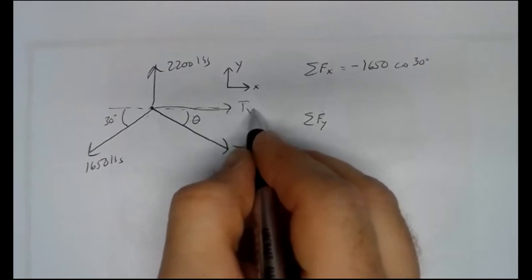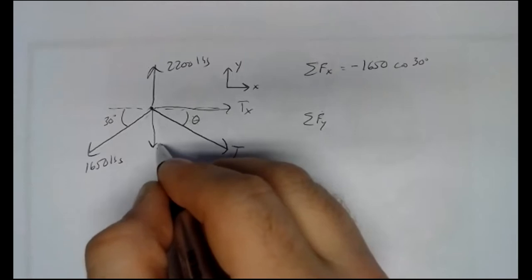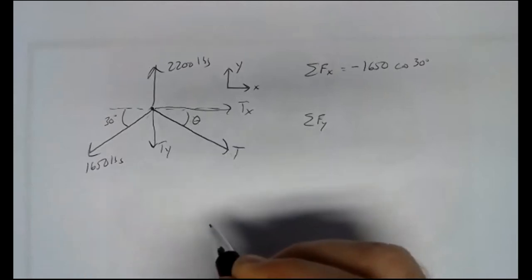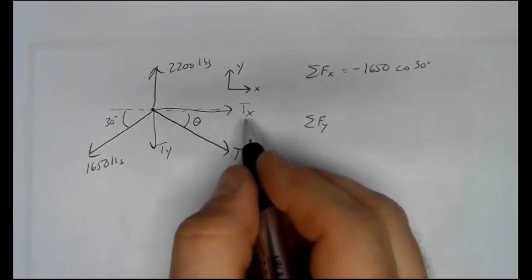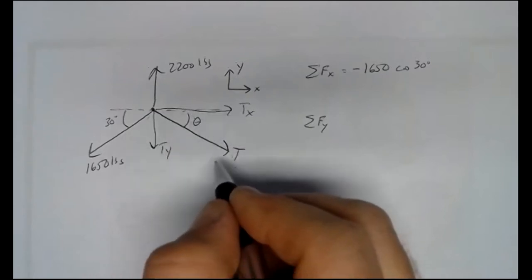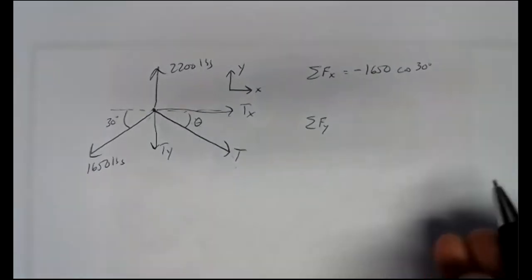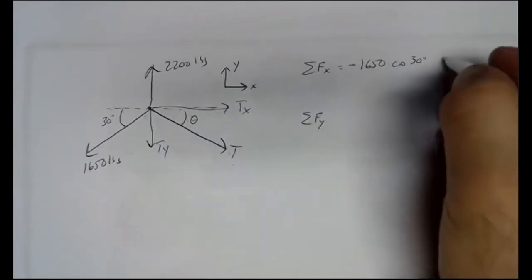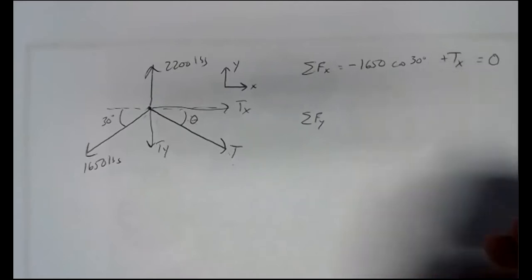Call it Tx and Ty. Then at least we'll get numbers for the components, and then we can build the triangle, find the hypotenuse, and find the angle. So here we've got a positive Tx, and that sum will have to equal 0.